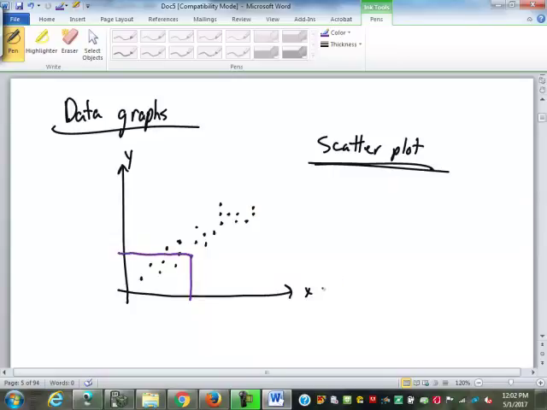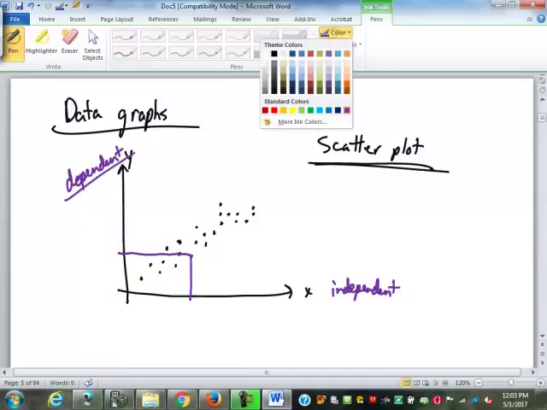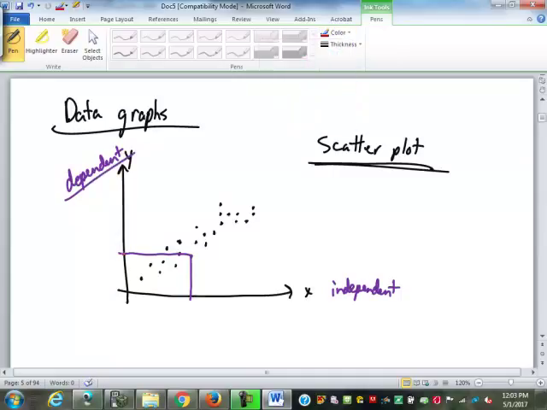So far, we've said that the x-axis is what we call the independent axis and the y is called the dependent axis. We stated that the value on the y-axis depends on the value on the x-axis.